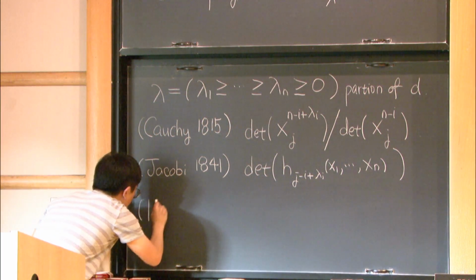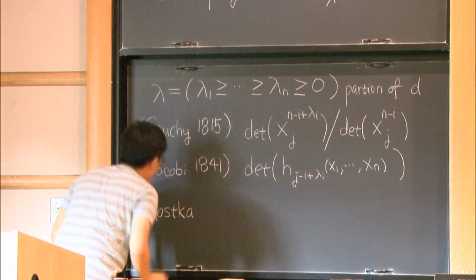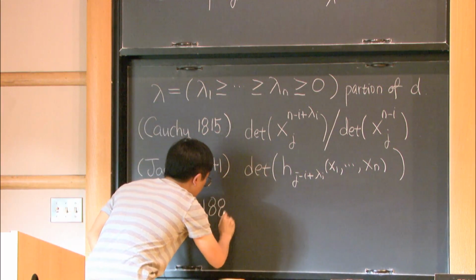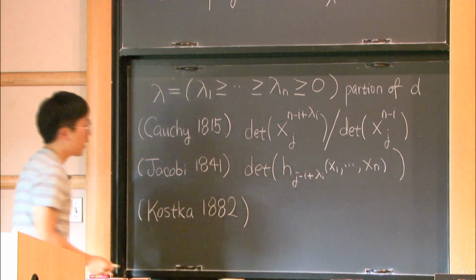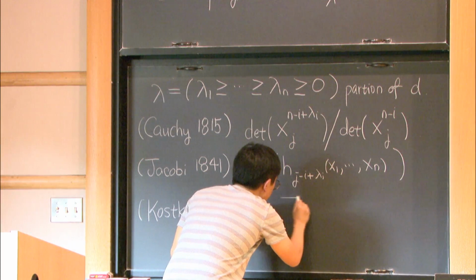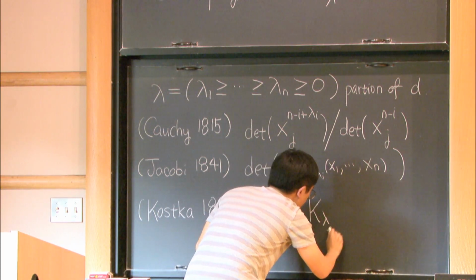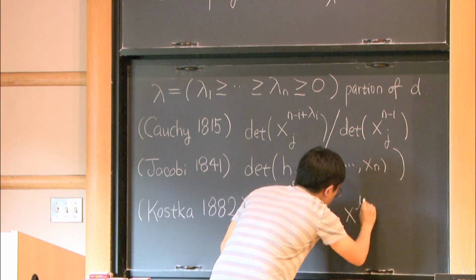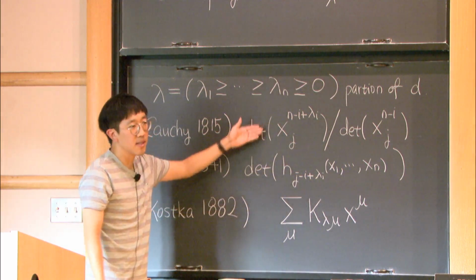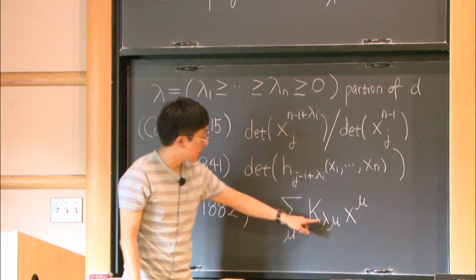And later, Kostka approached these polynomials as a generating function. So to him, this polynomial is a generating function. It's a sum of K_{lambda mu} times the monomial corresponding to mu. So let's say you take this or that expression and write it down as a polynomial, and you'll get some numbers.